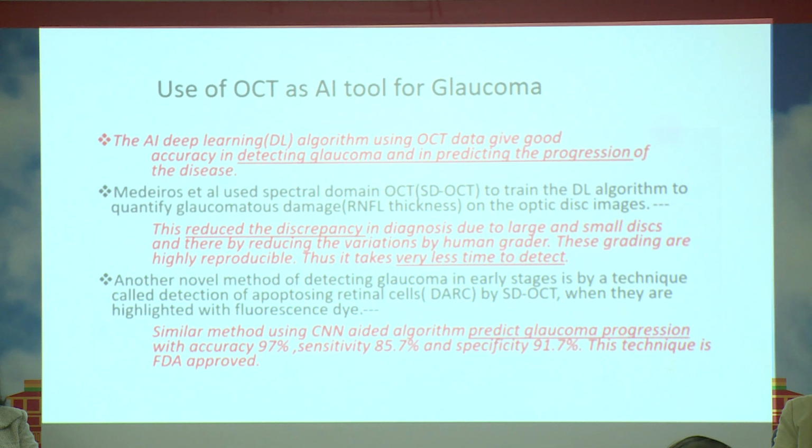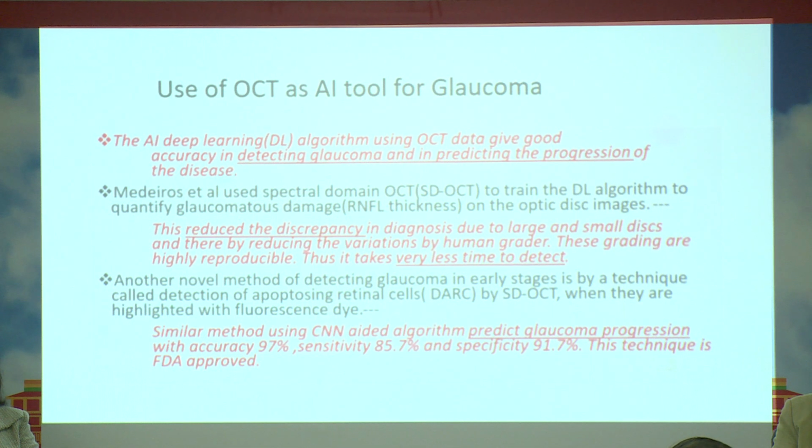Now, here we use the OCT as an artificial intelligence tool in glaucoma. When artificial intelligence is introduced in the OCT measurement, it has revolutionized the diagnosis. The artificial intelligence deep learning algorithm using OCT data gives very good accuracy in detecting glaucoma and predicting the progression of the disease.